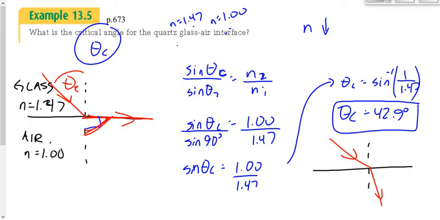But if we go from low to high index of refraction, then as n goes up, v goes down, theta goes down, theta 2 will be smaller than theta 1, and it can't be. You can't get reflection unless theta 2 is bigger than theta 1. So you have to be going from high to low, and then it's just a matter of looking at the two media and seeing which one has the higher index of refraction.